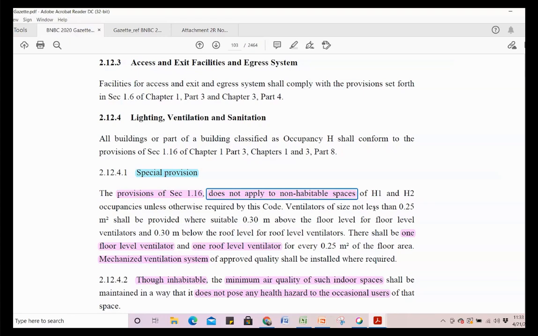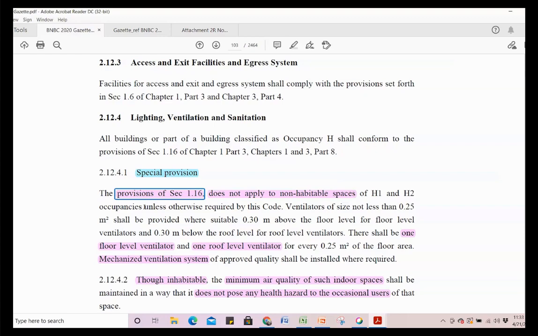So for this particular occupancy, it is separately mentioned that while there will be non-habitable spaces in H1 and H2 occupancies, there will be some relaxation from section 1.1.6 for those non-habitable spaces.